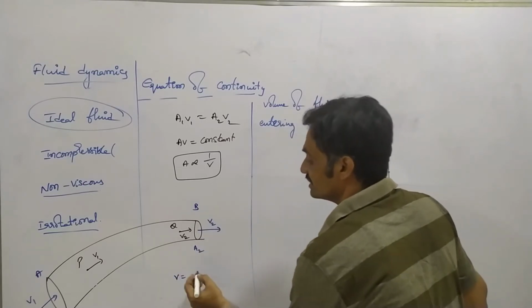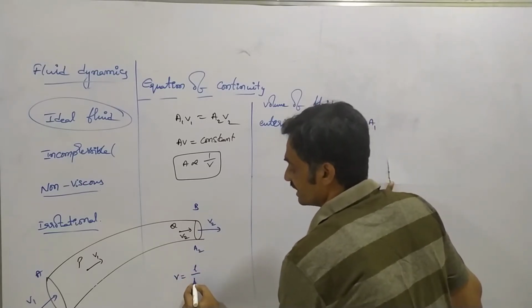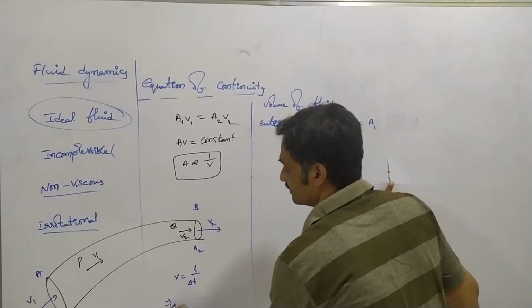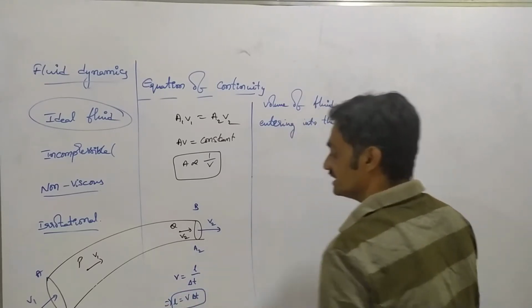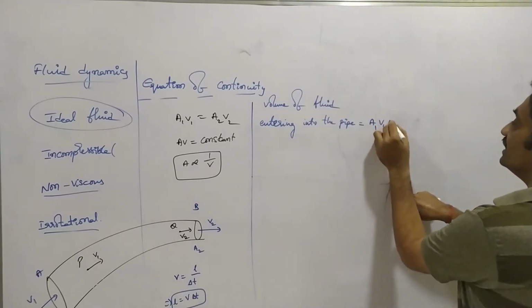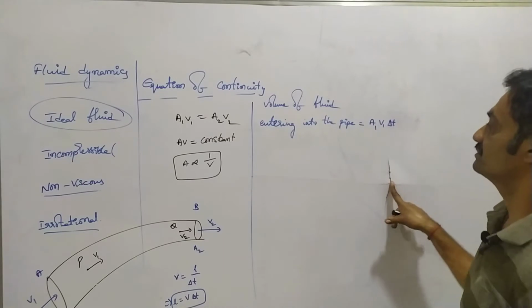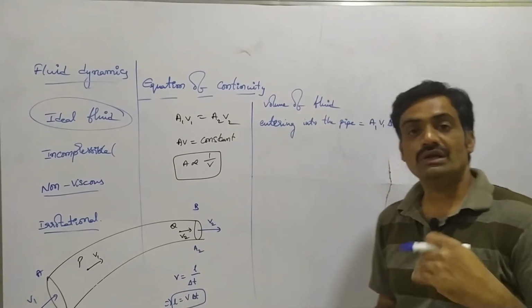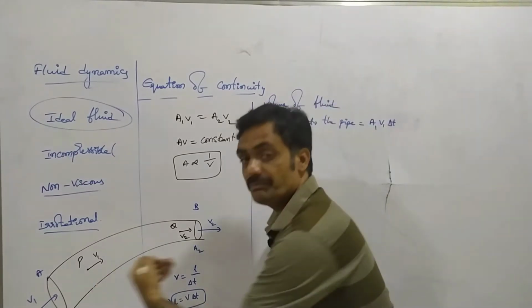We know that velocity equals displacement by time, delta t. Then length L is equal to velocity into delta t. So length can be represented in terms of velocity and time. So A1 into V1 into delta t. Now we have represented the volume of the fluid entering into the pipe.